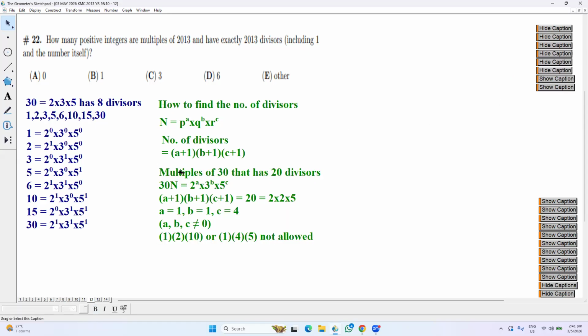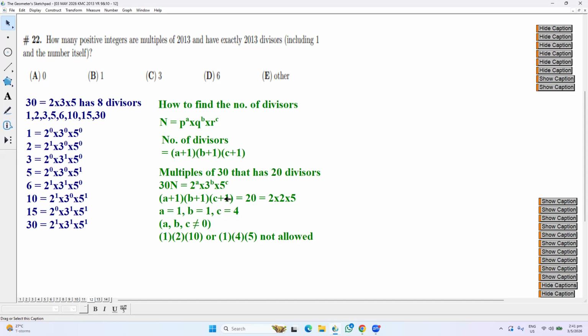Now we want multiples of 30 that have 20 divisors. A multiple of 30 means 30 times some integer, so it is 2 to the a, 3 to the b, 5 to the c. The number of divisors is always (a plus 1)(b plus 1)(c plus 1).